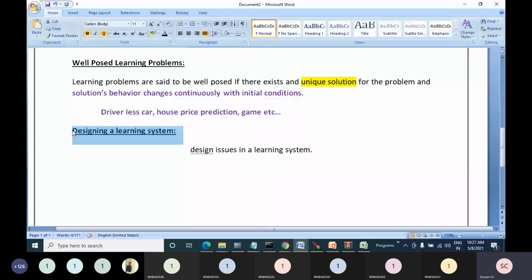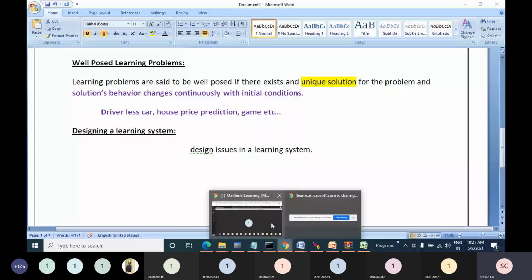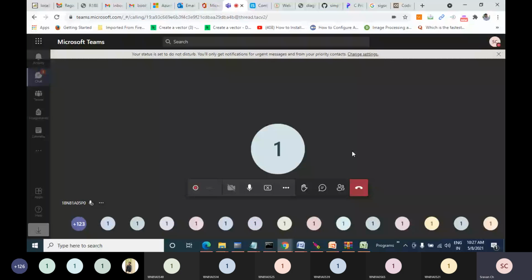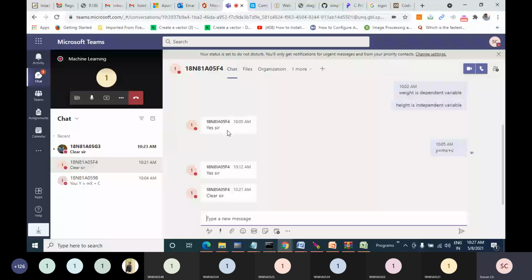So today's introduction and definition of machine learning, is it clear to everyone? Kindly respond in the chat box before we wind up. What is a well posed problem?